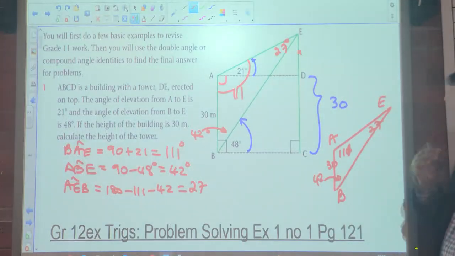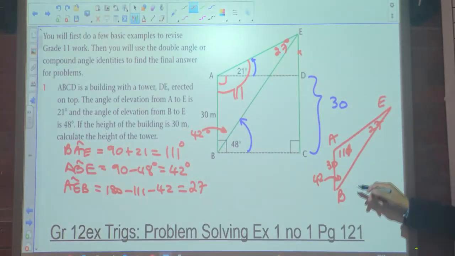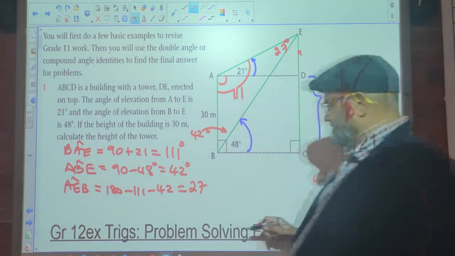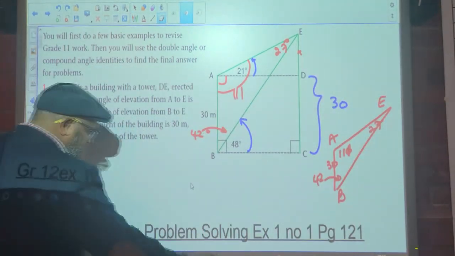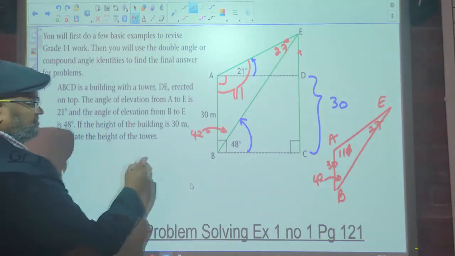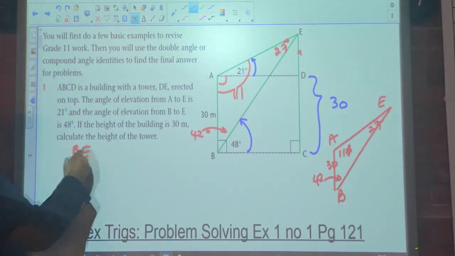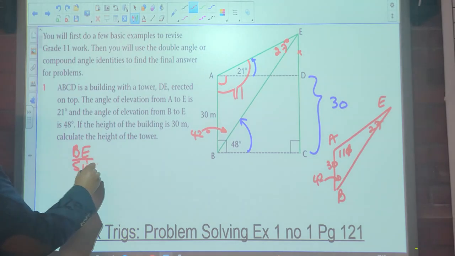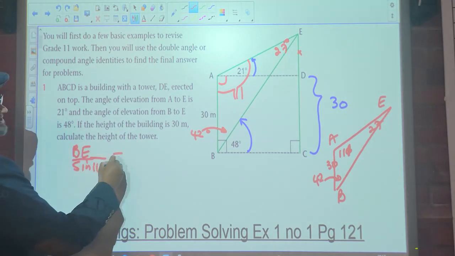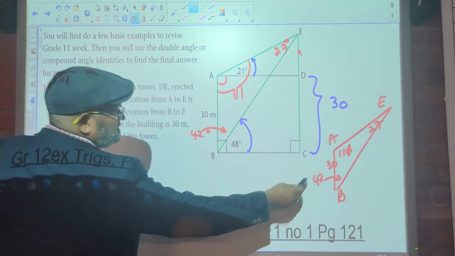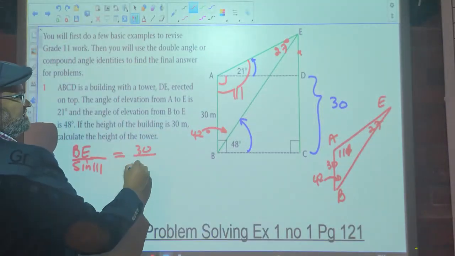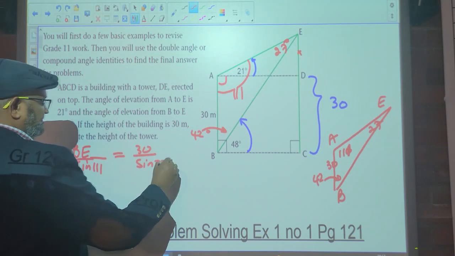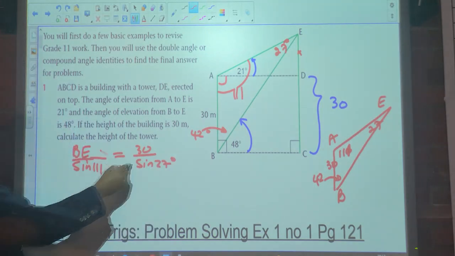Okay, so can I calculate BE? Yes. As you see, all this information I have on the diagram already, I just need space. So BE is what I'm calculating. BE over sine of 111 is equal to, because I've got the 30, I need to use that angle there, 30 over sine of 27. So what do I do? I cross multiply.